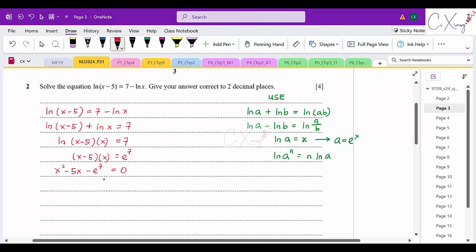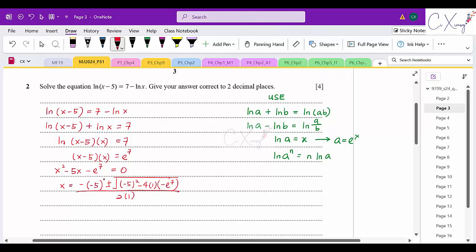To solve this quadratic equation, you can't factorize it, very obvious. So we have to use the quadratic formula, which is negative b, where b is negative 5, plus minus the square root of b squared minus 4ac. So b squared is negative 5 squared, minus 4, a is 1, c is negative e power 7, then divided by 2a.